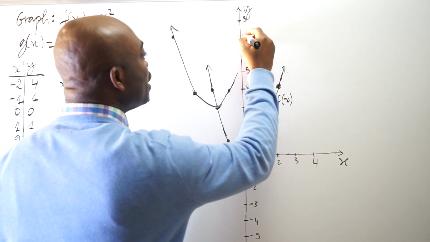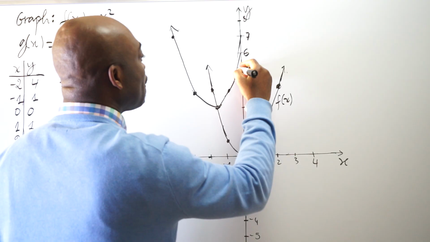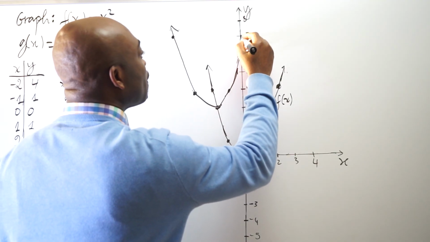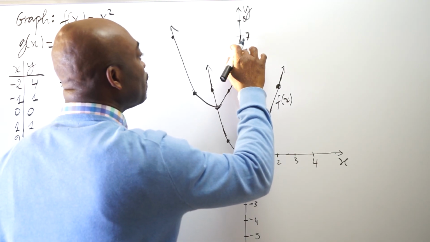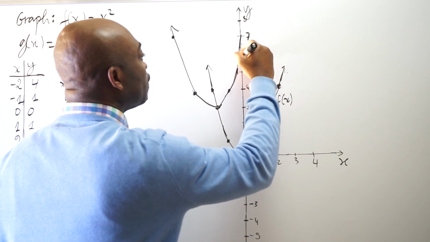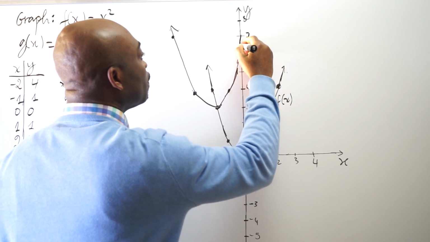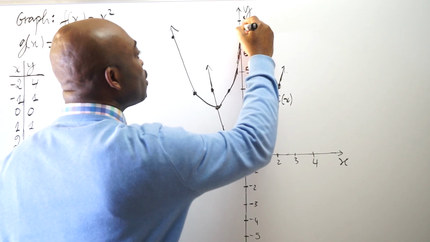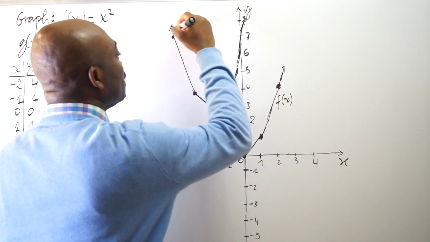So that will also give you 7 here. So it crosses the y-axis at 7.